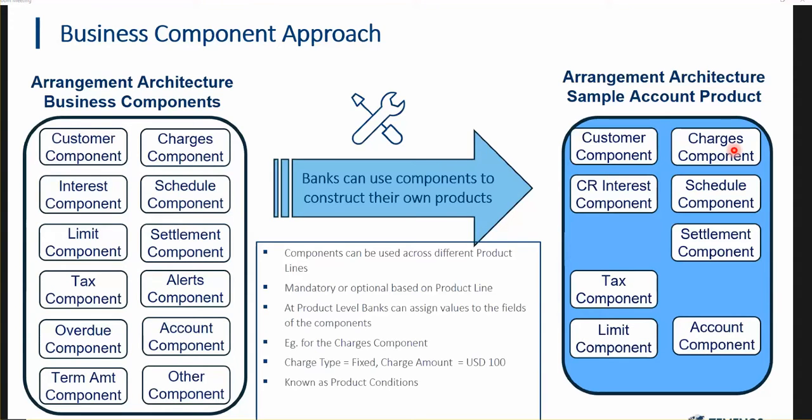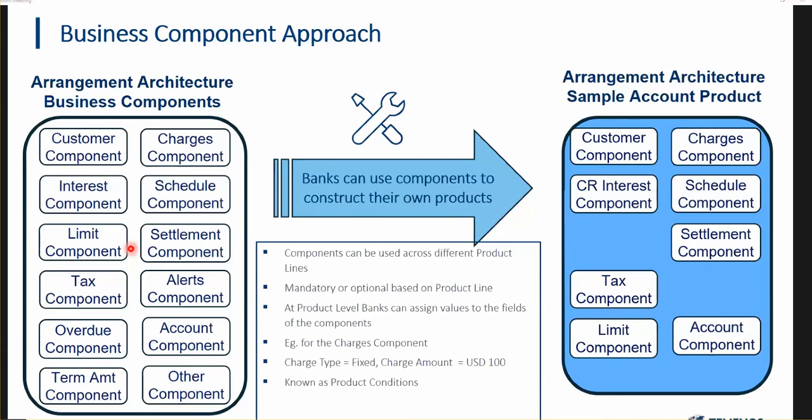Now, once I have put all my components in the product, the final piece that I need to do is attach values to the fields. So for this charge that I'm putting in this product, I want the charge type to be fixed, and I want the charge amount to be USD 100. I want the category code to be 1104. That's what I'm doing here.